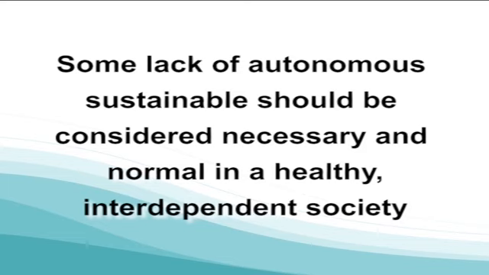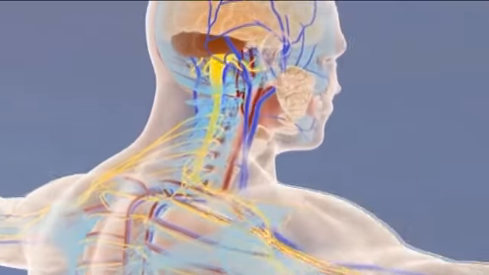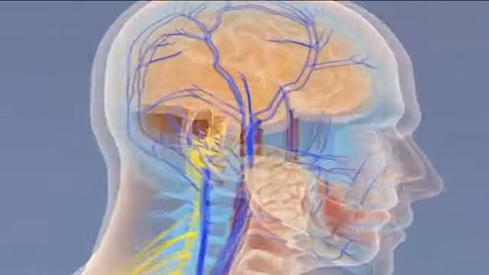Some lack of autonomous sustainability should be considered necessary and normal in a healthy, interdependent society. However, the stresses that one element of society imposes on the society as a whole should be monitored and measured in the same sense that stresses on the body need to be monitored and measured.